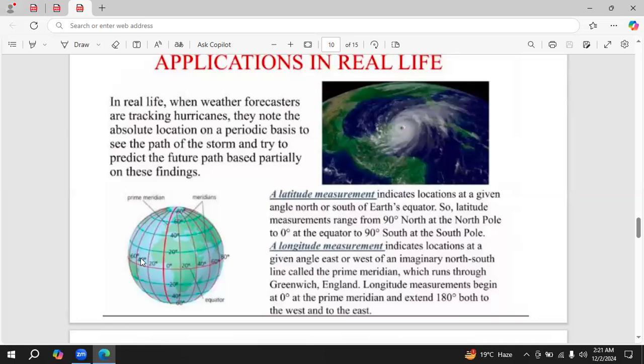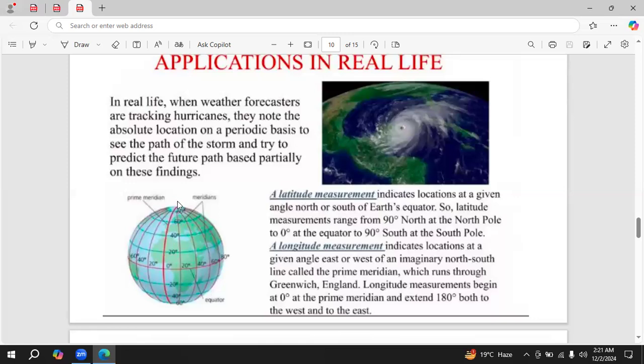You can compare this center line as the x-axis and the vertical line as the y-axis. Let me define this: these horizontal lines are basically your longitude, whereas the vertical lines are latitude. Right now we are talking about latitude.